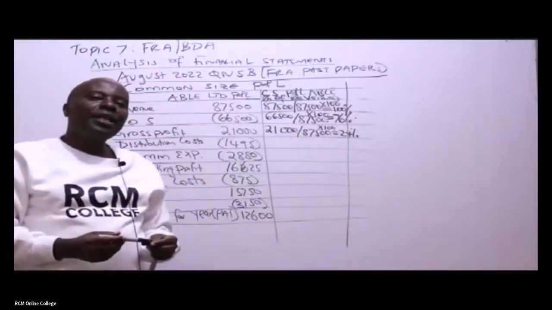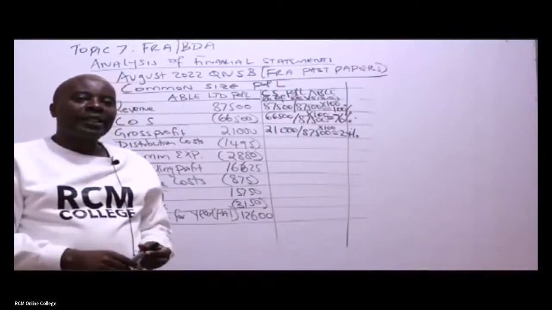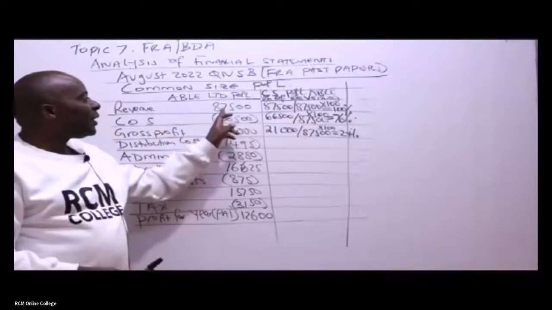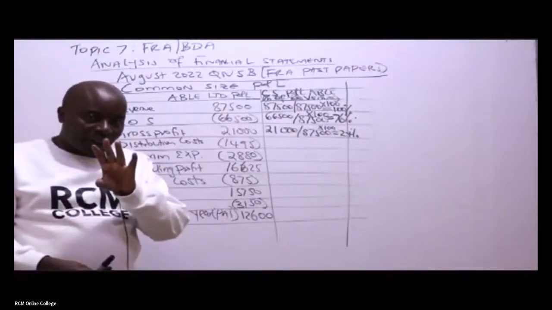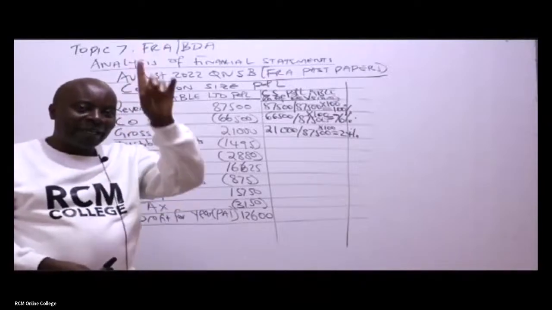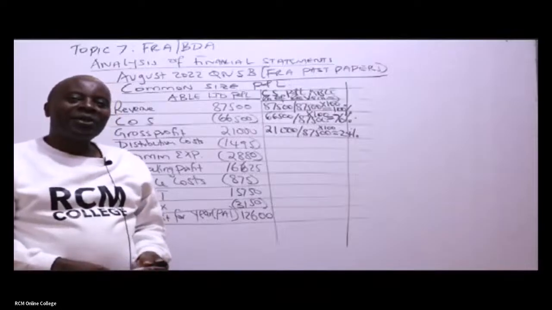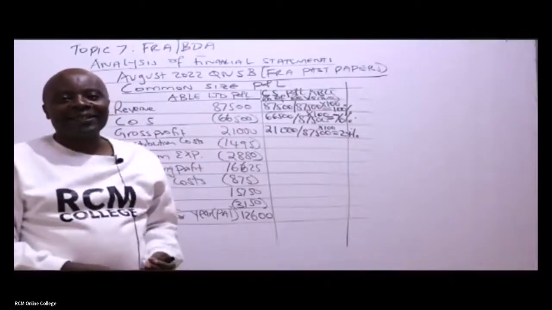For the BDA students, I'm sure by now you must have picked that this 87,500 is a constant feature. And if it's a constant feature, as I'm doing my divisions downwards, I need to lock it. BDA students, do you remember how to lock figures?